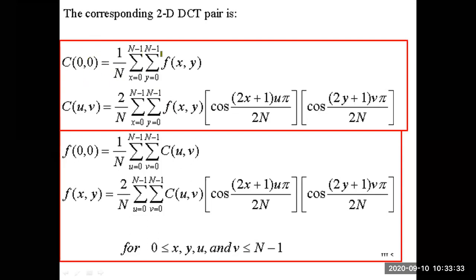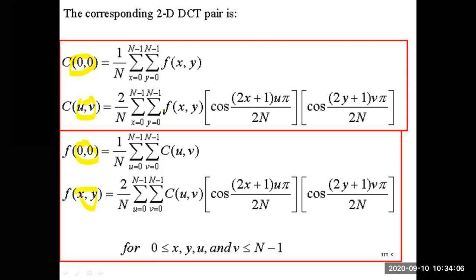Now to summarize the two-dimensional transform, for center at 0 and center at u comma v. If you want to form center at 0, the formula will be like this. At u comma v, the formula will be like this. This is for forward; the first block is forward. The second block is reverse, that means the image at 0 comma 0, the image at a particular x comma y.